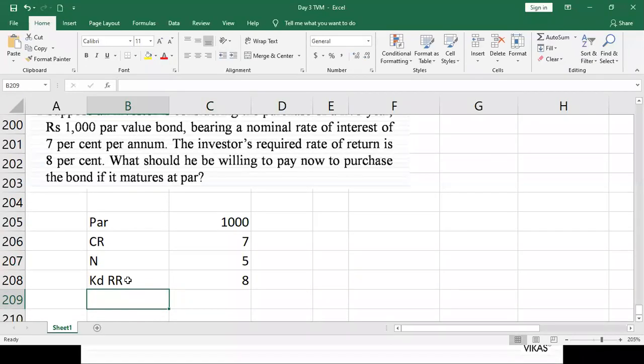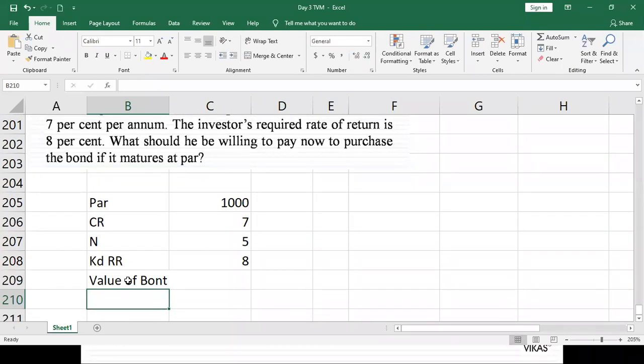These are the basic information from this example. So we have to find the value of the bond today. This is the question.